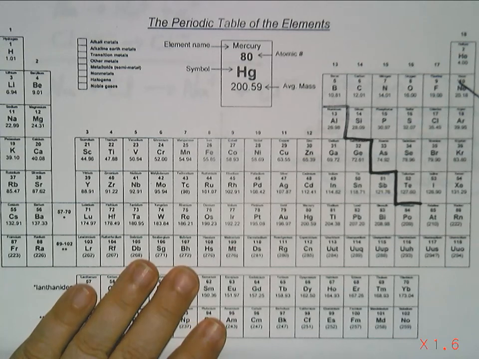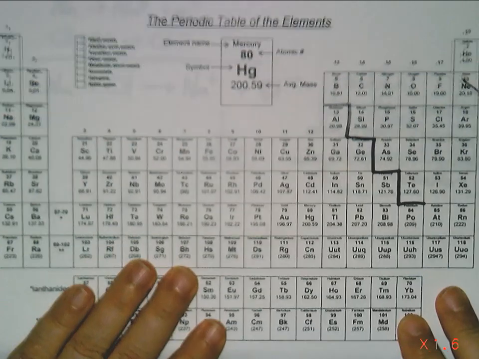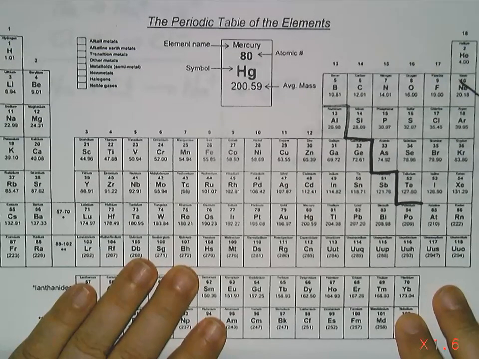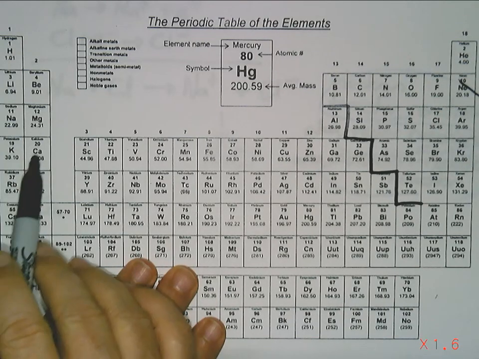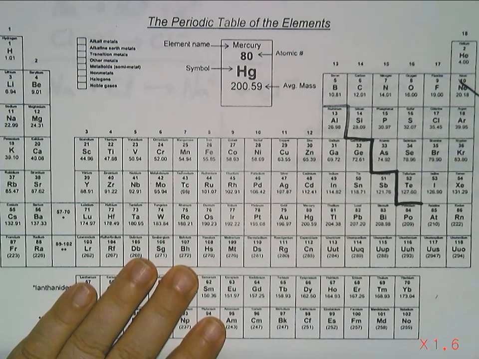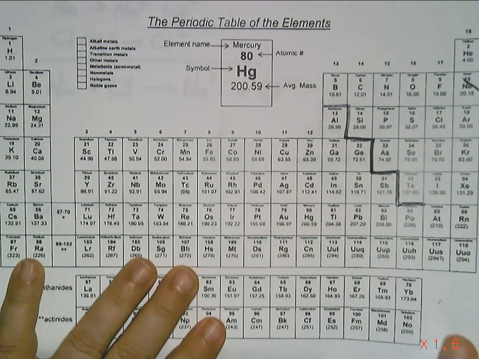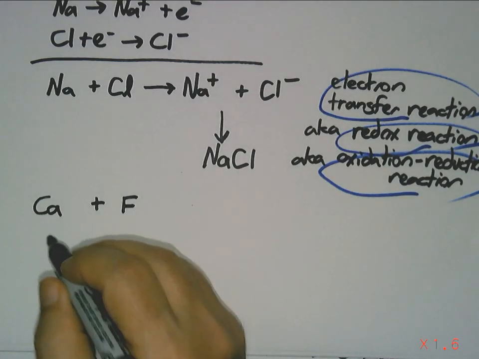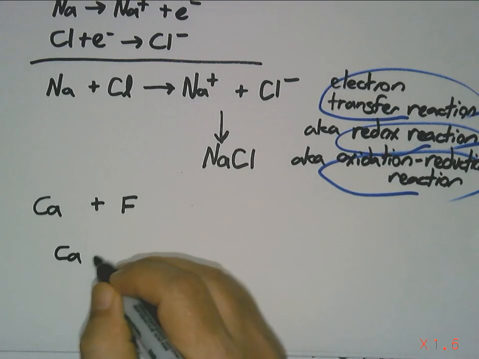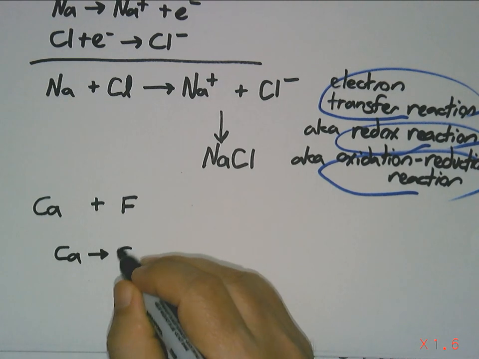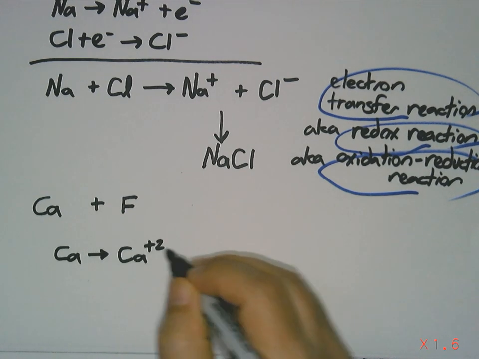So it's going to lose 2 electrons to get to be argon. So it's going to form a calcium ion with a +2 charge. So I can write calcium is going to want to lose 2 electrons.